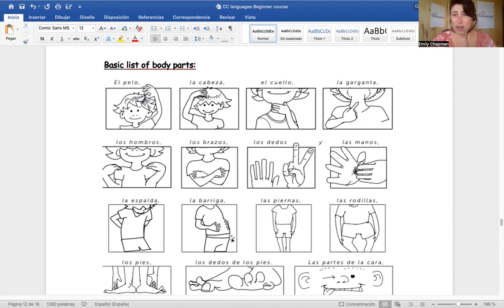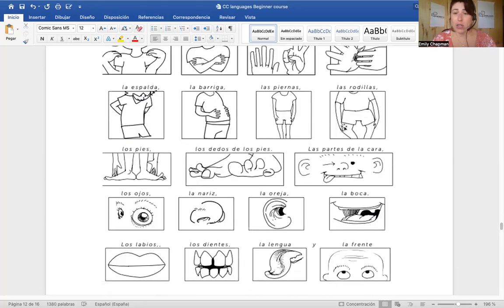You could say estómago if you want to refer to stomach as in the organ. Las piernas, legs, knees would be las rodillas. Los pies, feet. Los dedos de los pies, the fingers of the feet, which would be toes in Spanish. Los dedos de los pies.